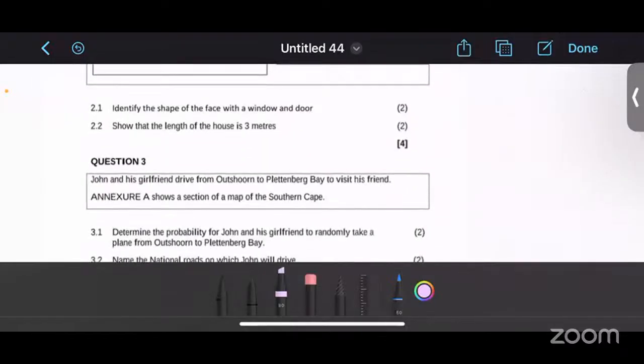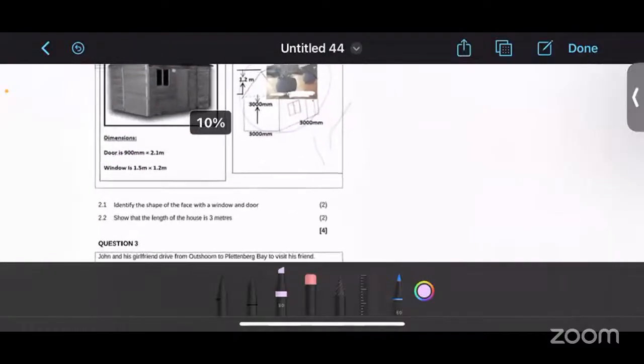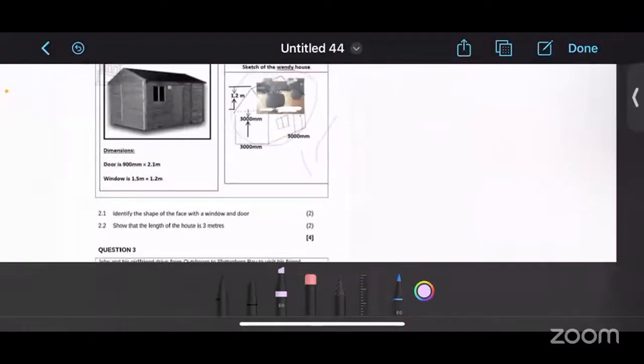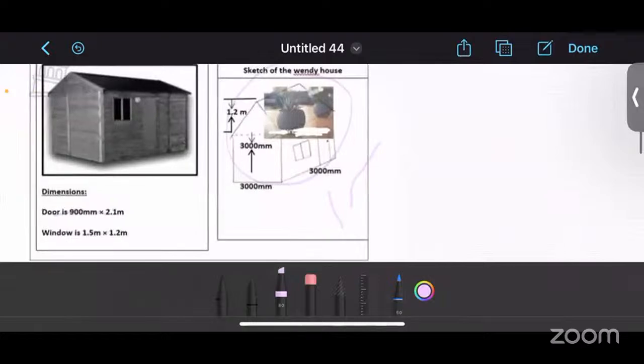They say identify the shape of the face with the window and door. Which one is it? It's this one over here. I'm not sure if you can see, but they want the shape of this. What is this shape?